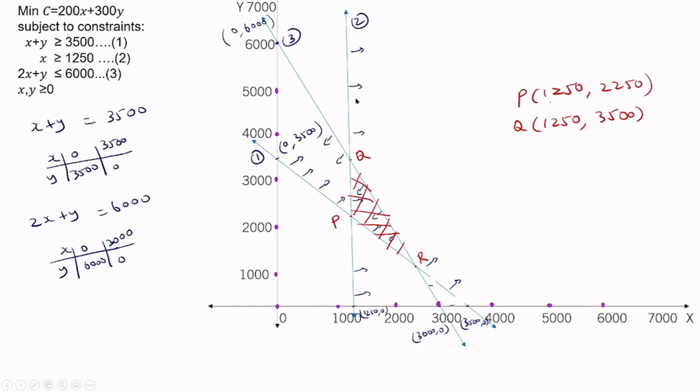So if we solve x plus y equal to 3500 and 2x plus y equal to 6000, we get x as 2500 and y as 1000. So the coordinates for R is 2500, 1000. So these are the various corner points and the coordinates for each of the corner points. Now let us draw the table.